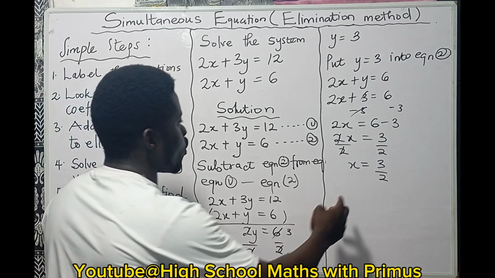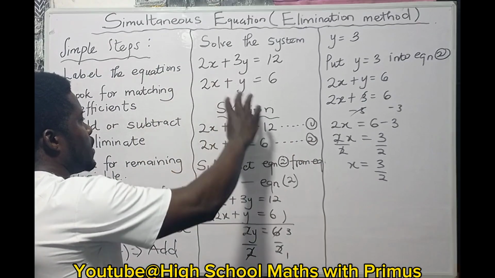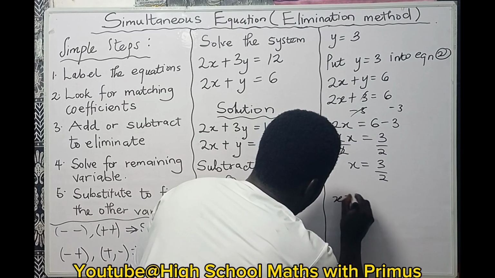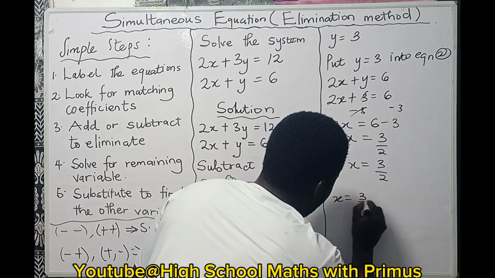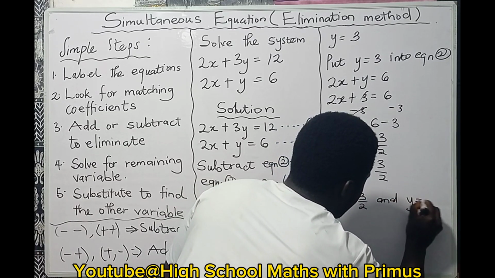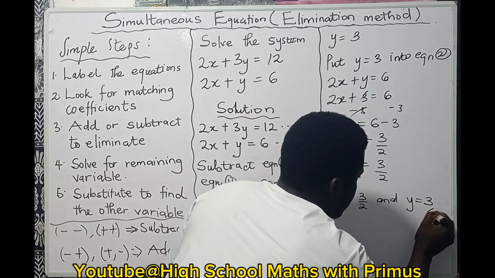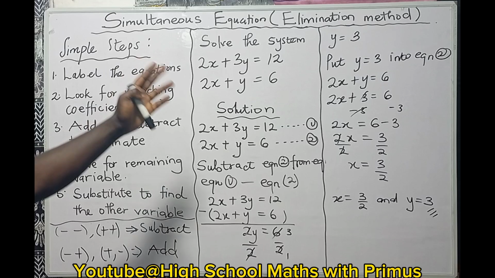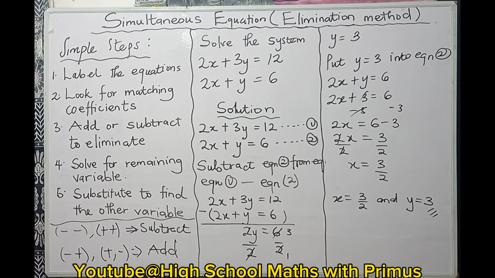So the values of x and y that satisfy these two equations are x is equal to 3 on 2 and y is equal to 3. So you could see how simple using the elimination method works. This is how we go about solving simultaneous equations using this elimination method.